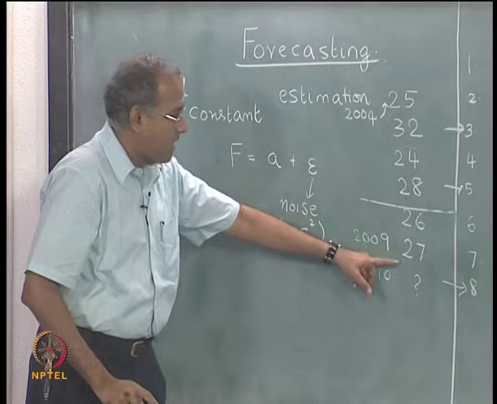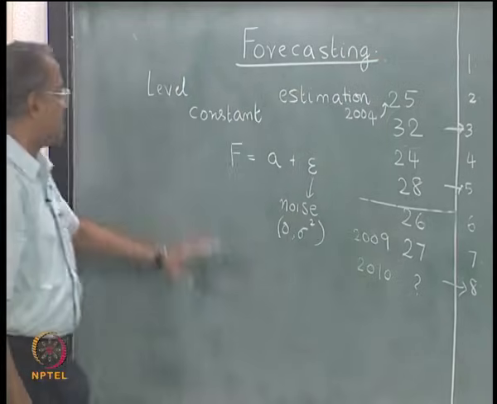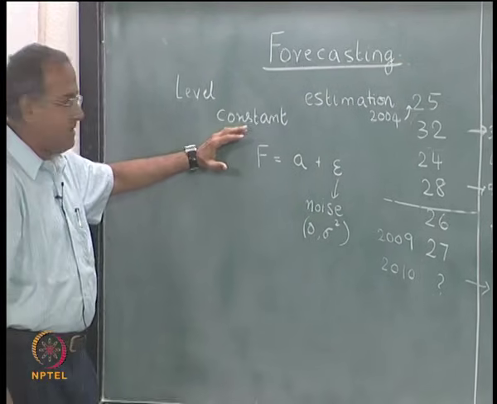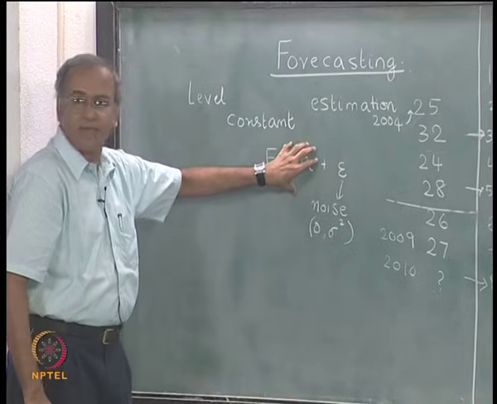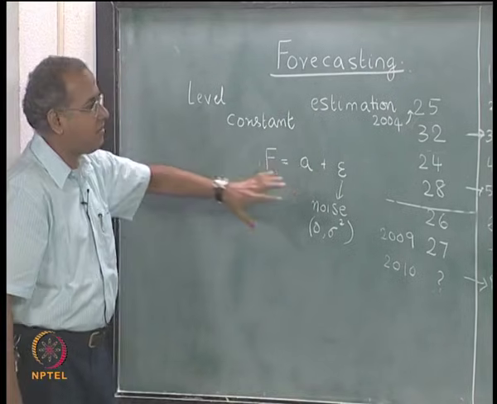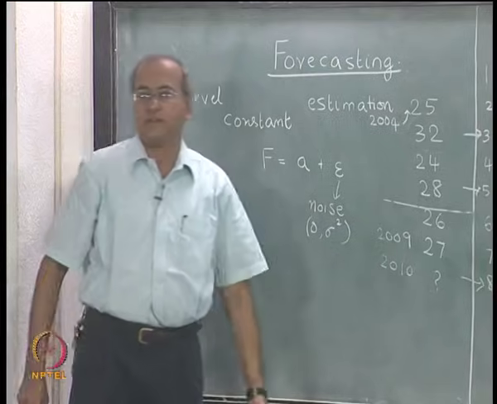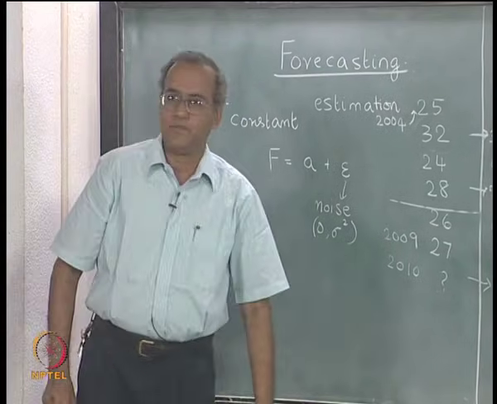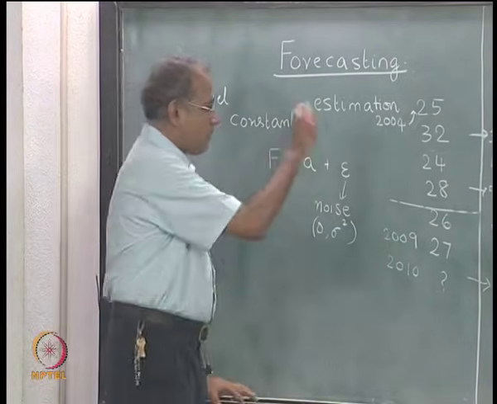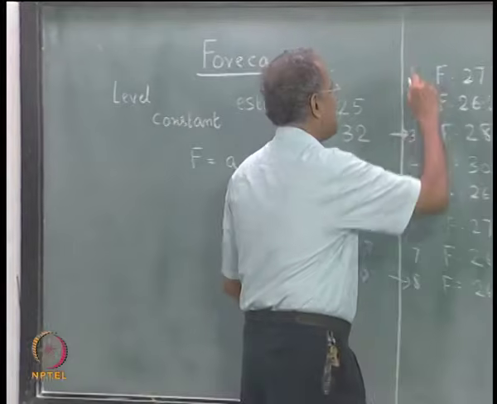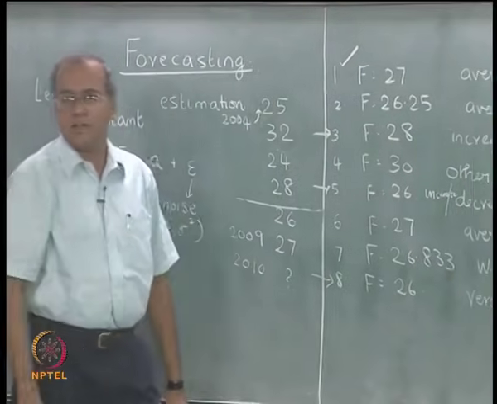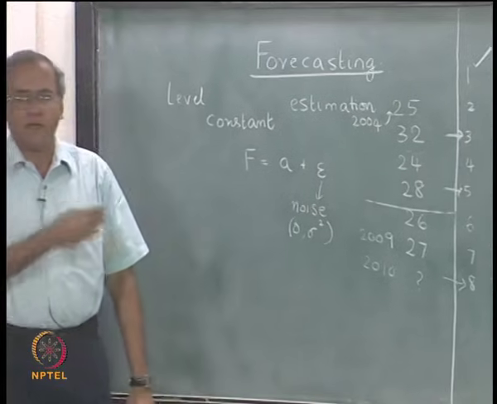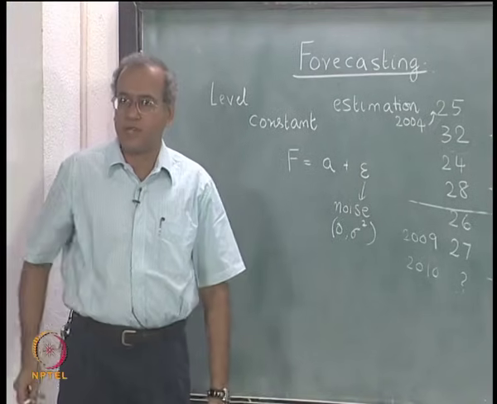So, if we make the assumption that this represents a constant and we are trying to estimate that constant a here, now we will try to find out various ways of estimating the constant. So, the simplest and the best way to estimate the constant is by looking at the simple average, which the first student actually mentioned as the forecast.